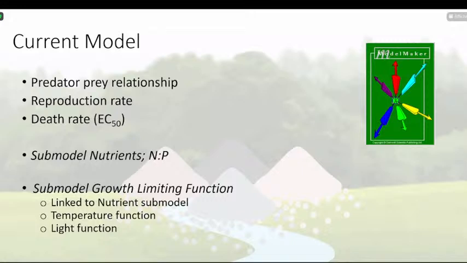It also has a submodel for nutrients, for nitrogen and phosphate. And it has a so-called submodel growth limiting function, which is linked to this nutrient submodel. And in order to link it to the controlled conditions we use in the experiment, I have added a temperature function and a light function.